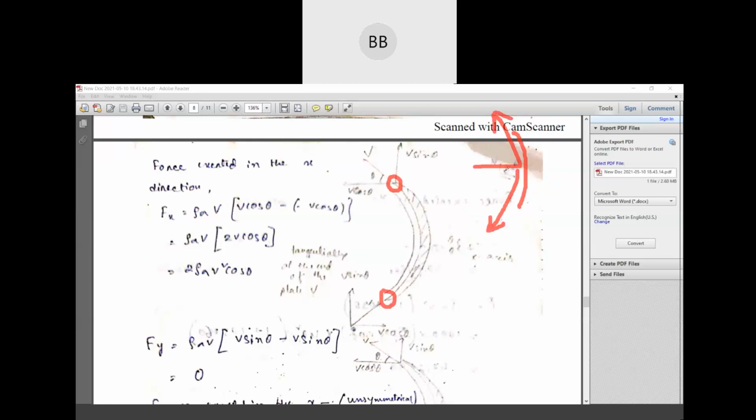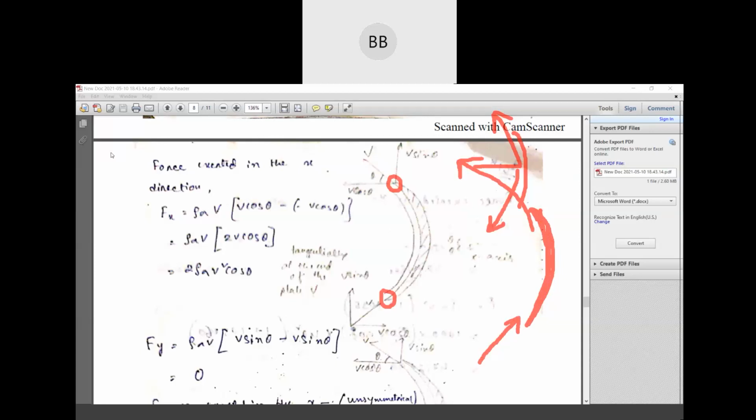This is one scenario. Another scenario is there only in a curved vane, when you have a curved plate or vane, the jet of water strikes at one end of the plate and comes out at the other end of the plate.